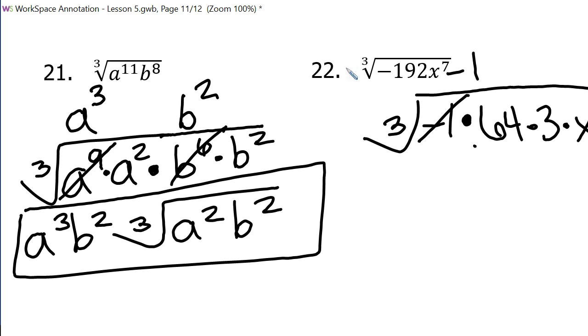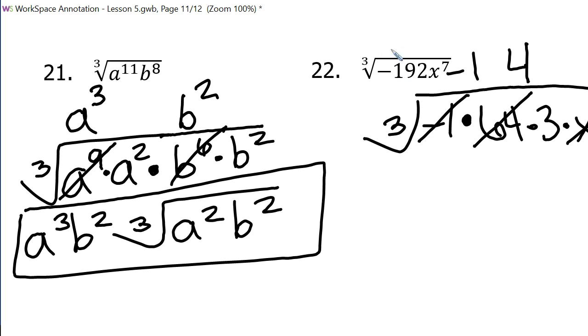Mark out the 64. What's the cube root of 64? 4. Mark out x to the 6th. What's the cube root of x to the 6th? X squared. You divide it by 3. 6 divided by 3 is 2. So that gave us the x squared.